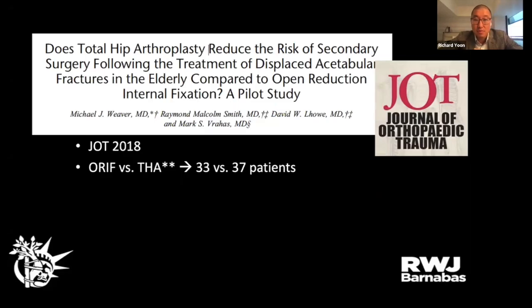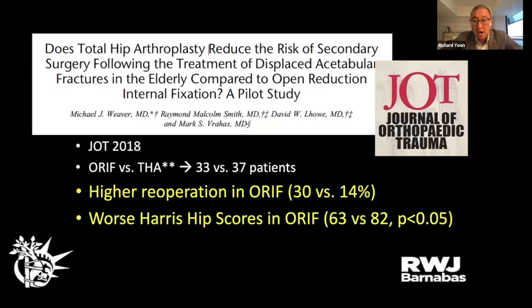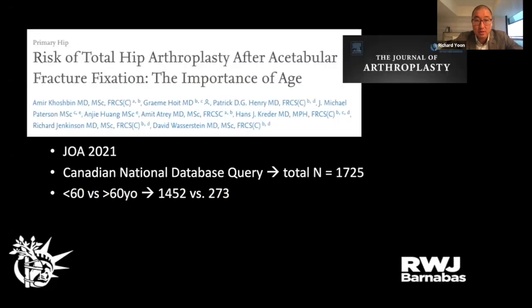Out of the Harvard group, before Mark went west side, looking at 37 versus 37 patients, there was a higher reoperation rate in the ORIF group with worse Harris hip scores in that cohort. And again, a 21% conversion rate within 2 years as well.